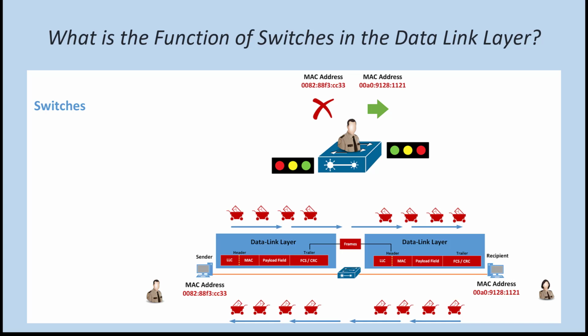Unlike the old-fashioned hubs that broadcast messages to everyone, switches are more akin to personal messengers. They deliver your digital messages directly to the specific gadget, reducing unnecessary network traffic.